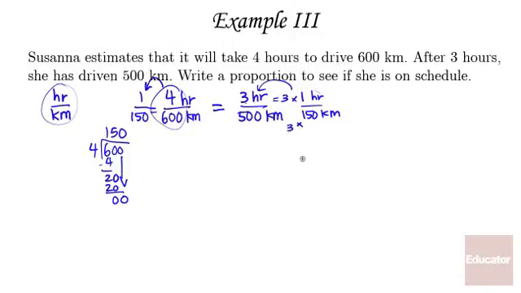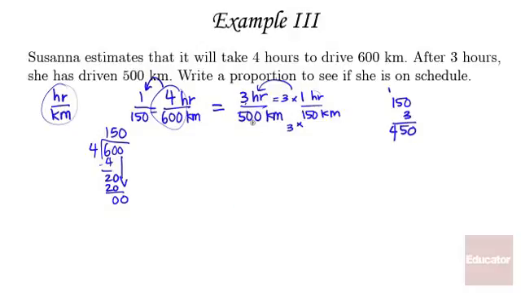This times 3. 0. 5 times 3 is 15. Add that. So that'll be 450. So no, if she drives 150 kilometers for every 1 hour, then in 3 hours she should be driving 450 kilometers, but she drove 500 kilometers.